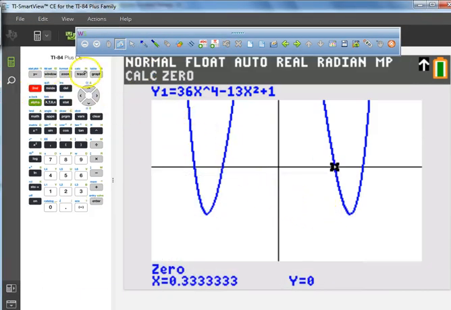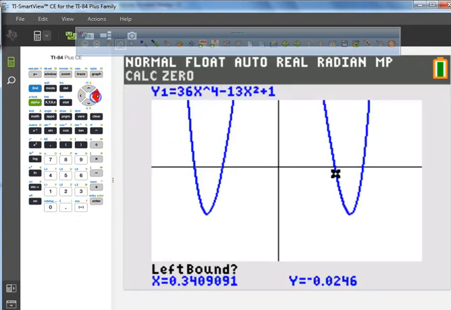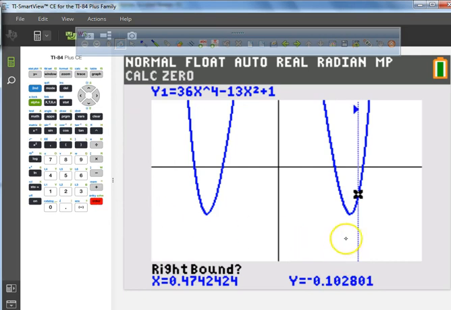And we're going to hit second trace. We're going to calculate the 0 again. This time we're going to go to the left side of the other. Technically right here I could press enter and that'd be fine. This is on the left boundary. So right here, just press enter, establish a left boundary, go over here. Technically I'm right now on the right side of that 0, press enter.